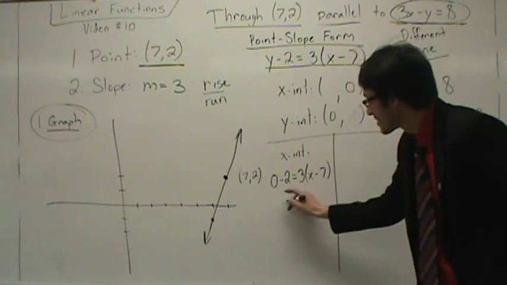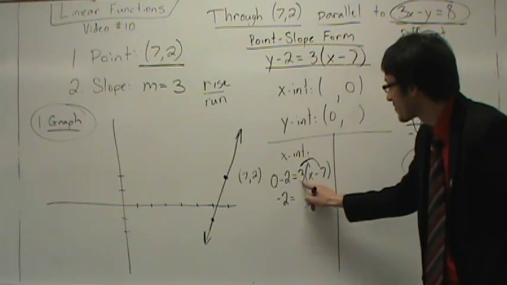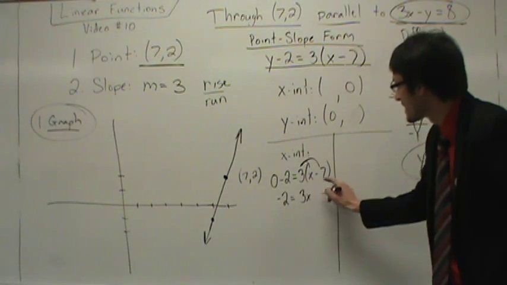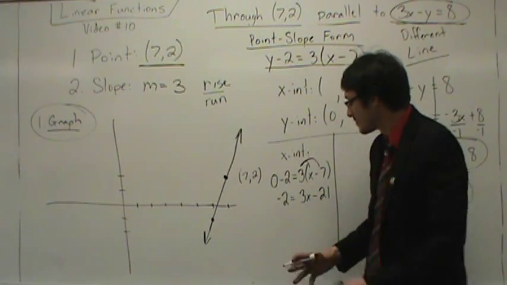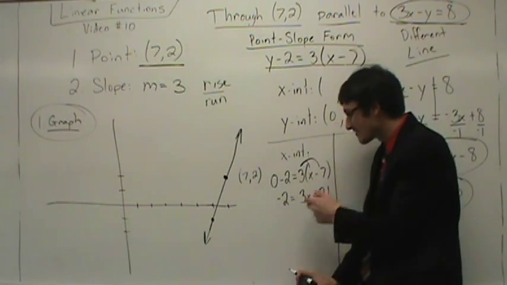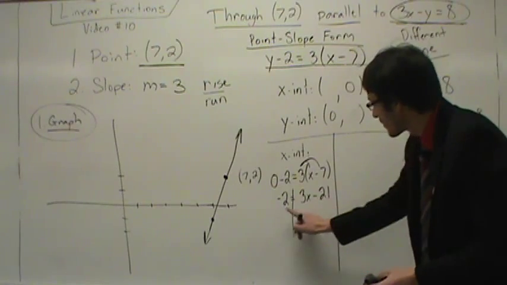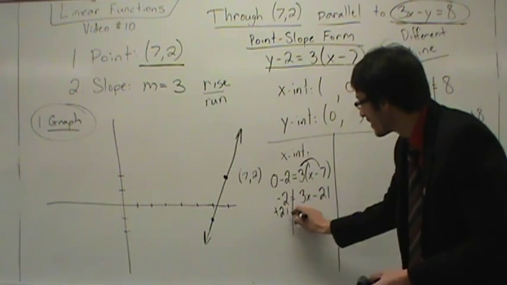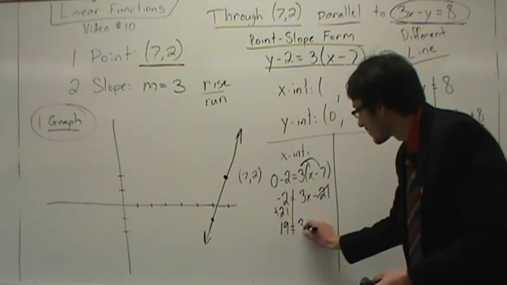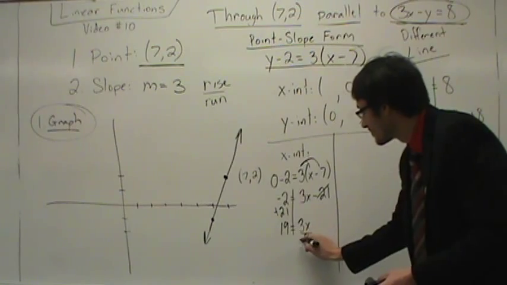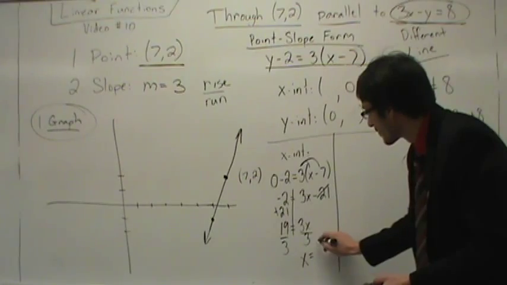Now 0 minus 2 is negative 2 equals, take the 3, use distributive property, 3 times x is 3x, 3 times negative 7 is negative 21. I said to put your x term on the left, but does the x term have to be on the left? No, you can simply take your negative 21, move it to the right, plus 21, cross it out. Negative 2 plus 21 is 19 equals 3x. Now divide by 3, and we have x equals 19 over 3.